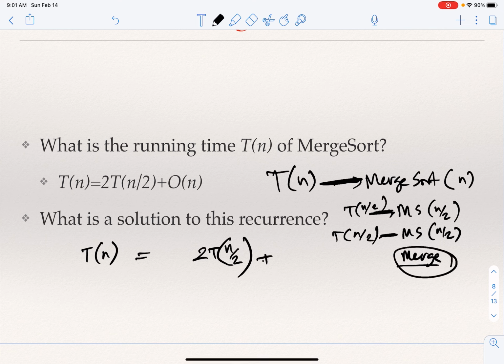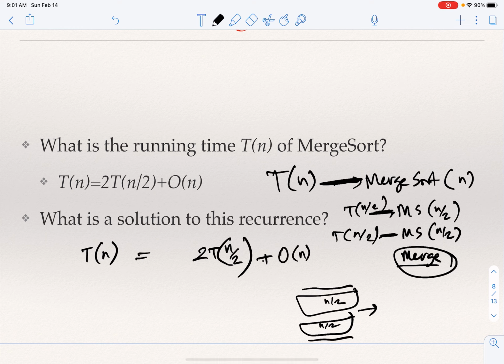Now merge is going to take 2 arrays of size n over 2 in the worst case, and it's going to merge them. It's going to walk across them, so it's going to take on the order of n operations. So this is where we get this recurrence, that T of n is 2 times T of n over 2 plus O of n.